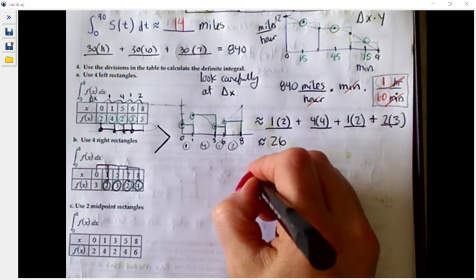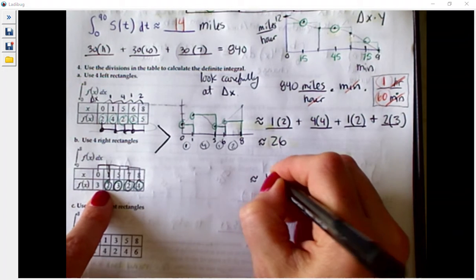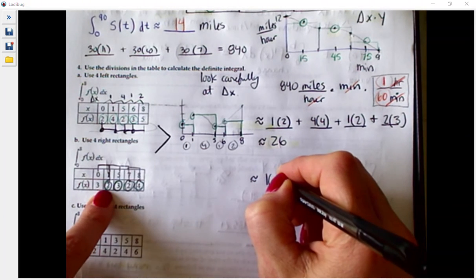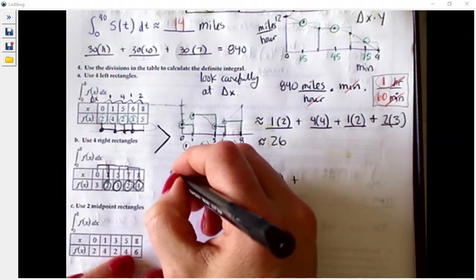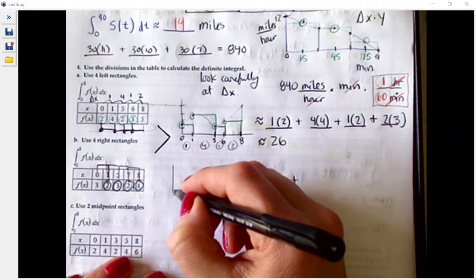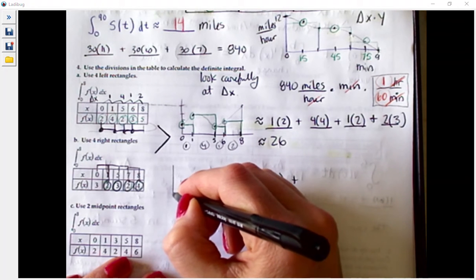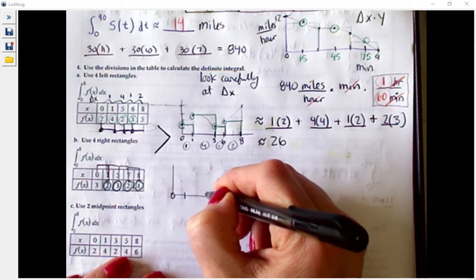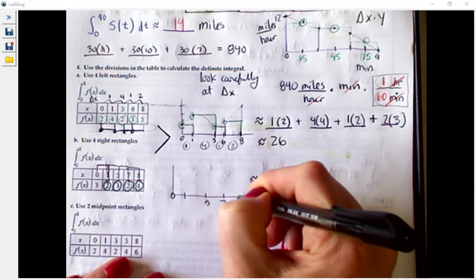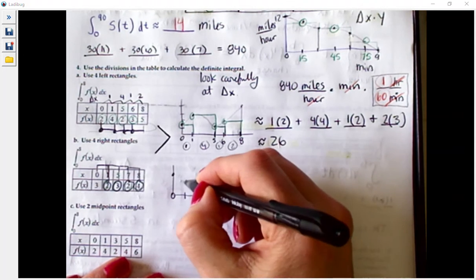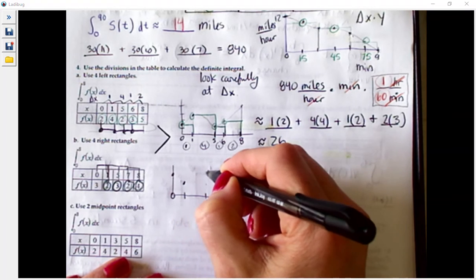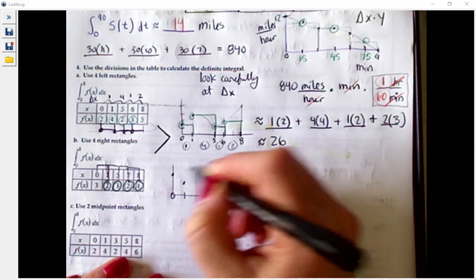Okay, so approximately. Now my delta x isn't changing. Oh, they're almost the same value. Sorry. Okay. 0, 1, 5, 7, 8. Almost the same. 3, 2, 3, 2, 4.